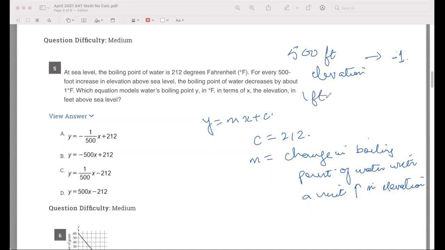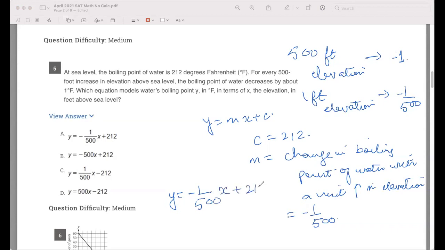So for 1 foot elevation, the change would be -1 over 500. So m is -1 over 500. So y would be -1 over 500x plus 212. This would be the equation for the boiling point of water at an elevation of x.